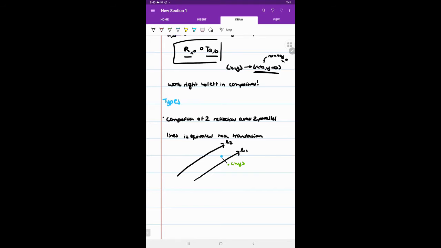And then I want to reflect this across L2. Now I'm imagining folding the paper across the line L2, and it goes to here. Well, that's just a translation. If I let this be B and that be A, A will be negative, of course, in this case. That's a translation.